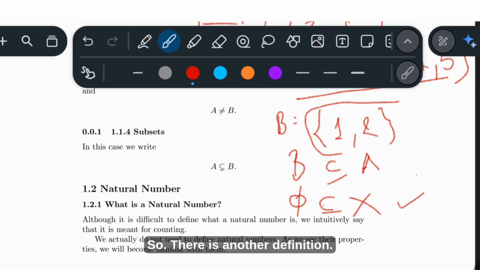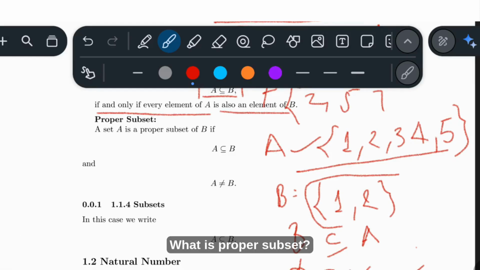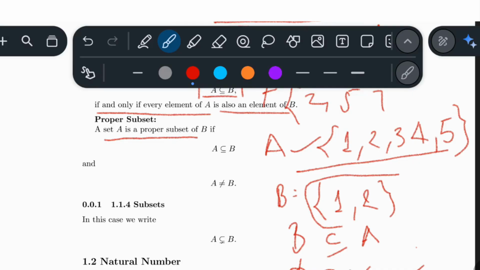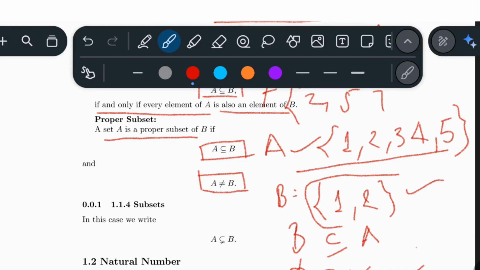There is another definition, which is the proper subset. What is a proper subset? A is a proper subset of B if A is a subset of B and A is not equal to B. Simply like that.